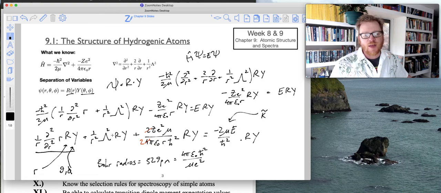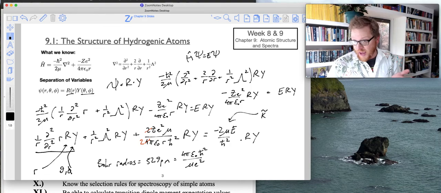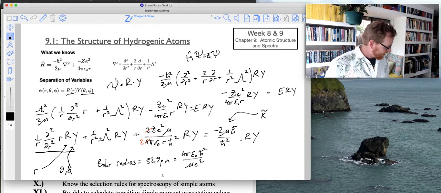I'm going to do the same thing when I inspect these other equations. For example, right here, we can see R and Y. We now know that the Legendrian squared is only dependent on theta and phi. So this big R right here, I'm also going to be able to take out in front as well.